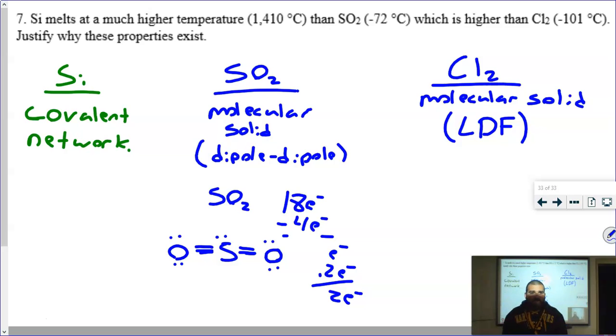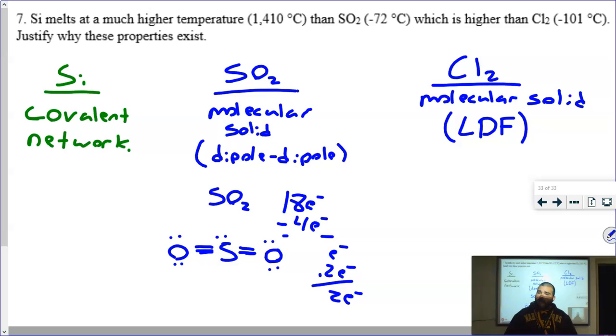So, why are these melting points so different? Well, they form different solids. The silicon is a covalent network, very high melting point. The sulfur dioxide is a molecular solid. The chlorine's a molecular solid. So that's all well and good. It's the same type, but let's go one step further and analyze it based off of their intermolecular forces. Sulfur dioxide, it's bent, it's polar, would have dipole-dipole.